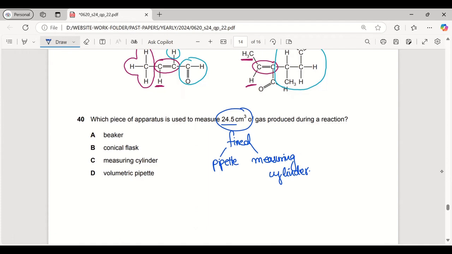And for this amount, for 24.5, we will use a measuring cylinder. We will not use a pipette for this measurement, which is in decimals. For the volume in decimals, we cannot use a pipette. For the decimal one, we can use a measuring cylinder. It gives us the accurate result.